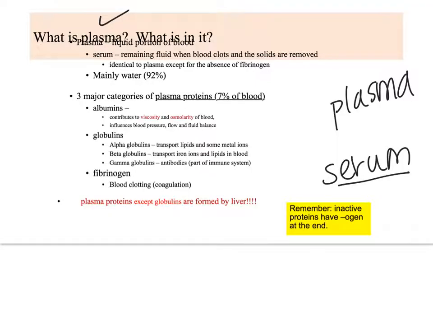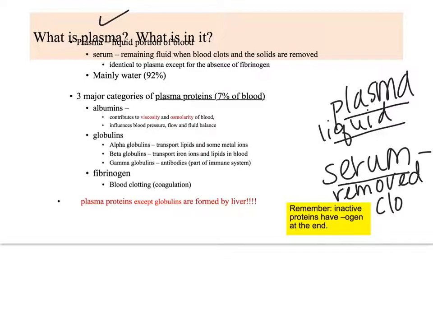Plasma is all the liquid of the blood, so that's the extracellular fluid. When you have serum, what you've done is you've removed the clotting proteins and the cells, the formed elements.